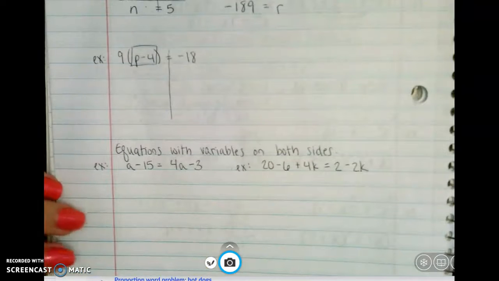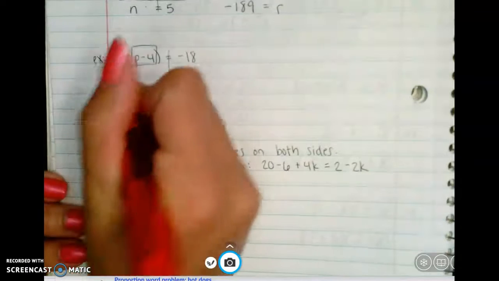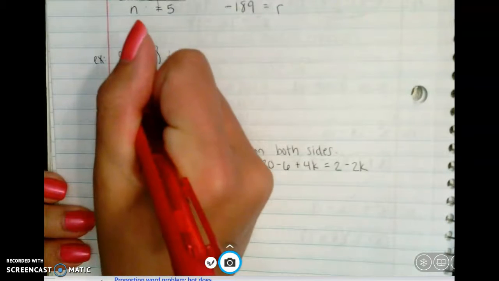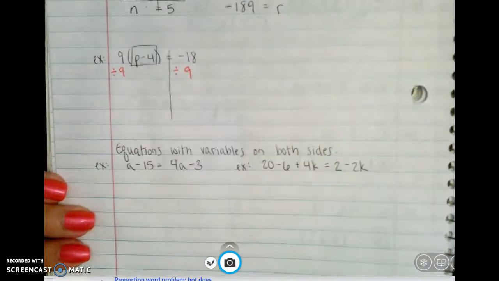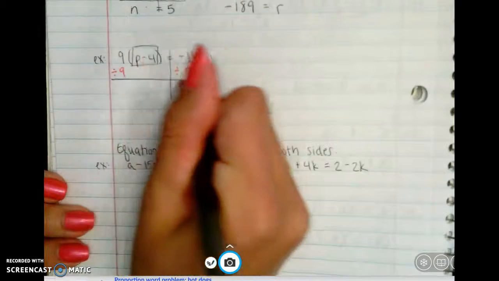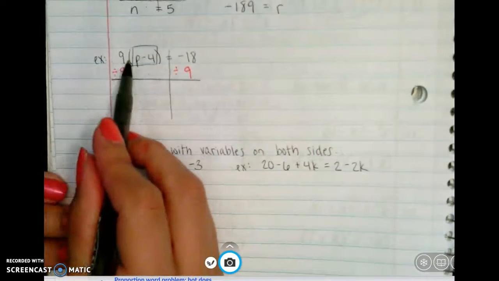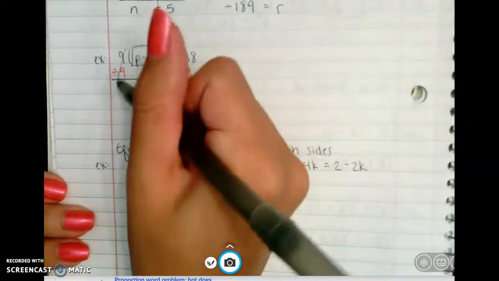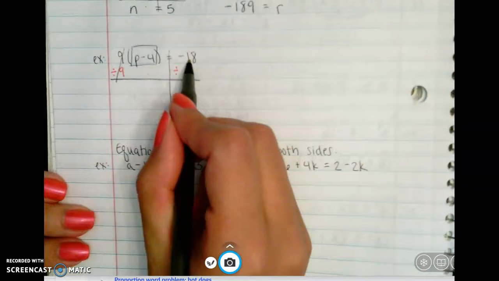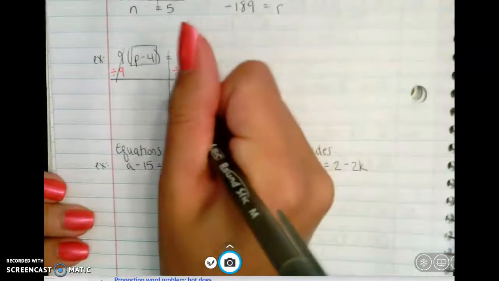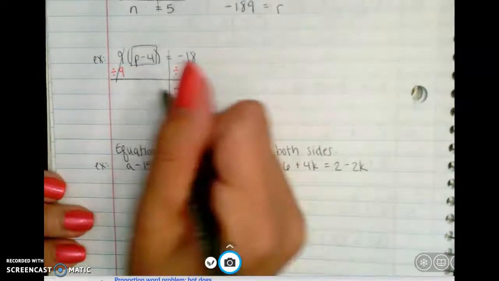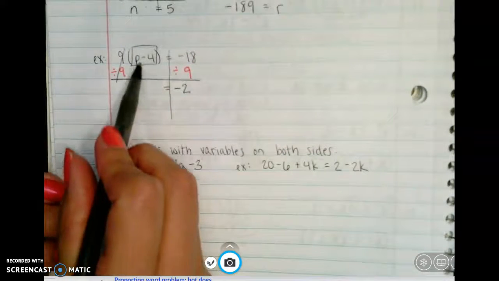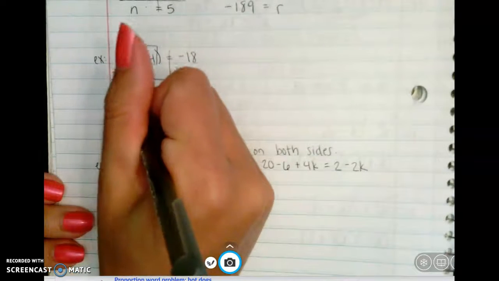So again, to undo multiplication, we need to divide both sides by 9. And when we divide both sides of the equation by 9, 9 times and divide by 9 will cancel out. And negative 18 divided by 9 is negative 2. So we bring the rest of the problem down. Bring down p minus 4.